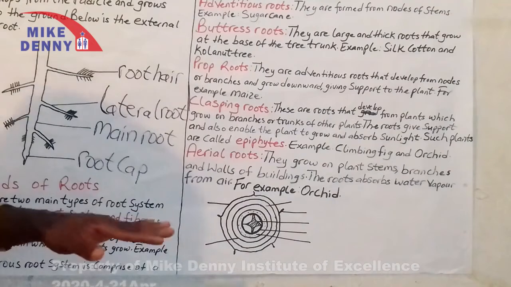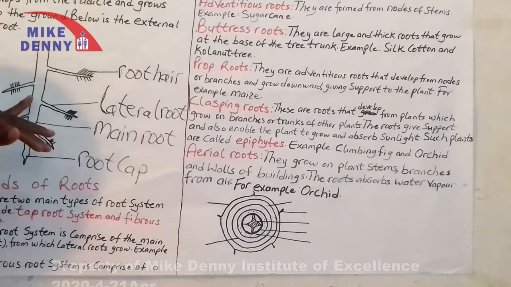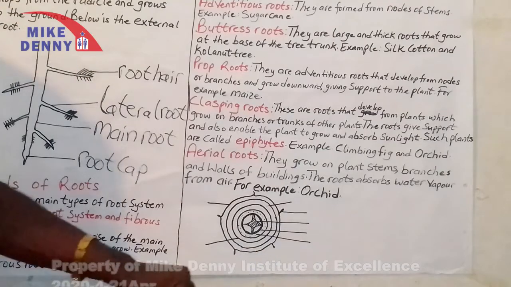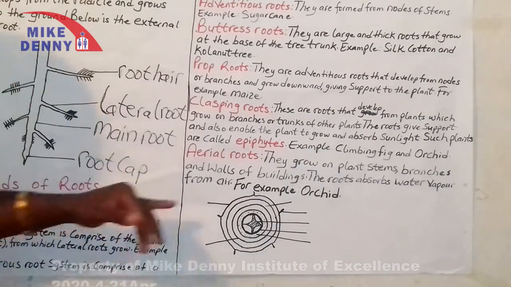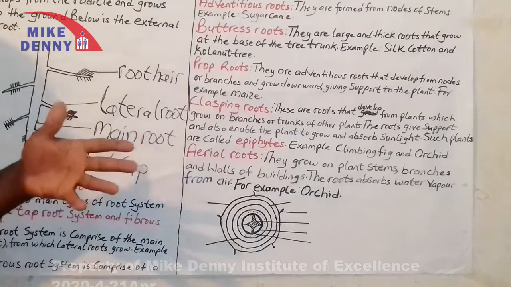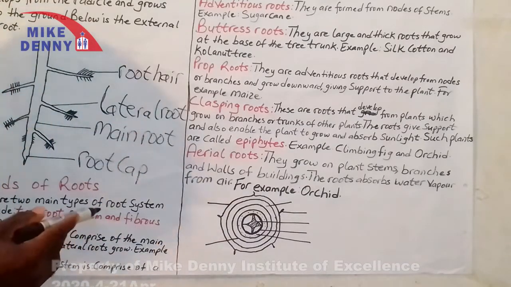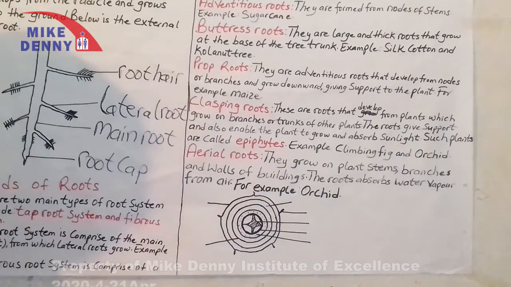We saw this as the external part of the root. And what should this be? Somebody say internal part of the root. We want to distinguish this root to say whether it is a dicot root or a monocot root. Can somebody suggest? Yes, he says dicot root.